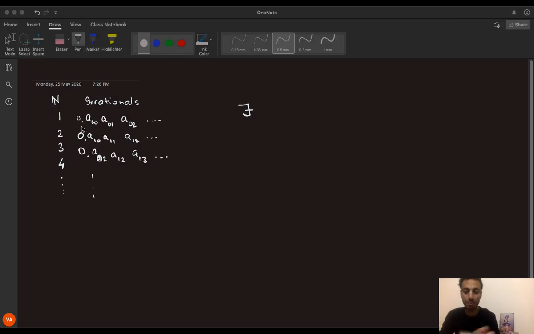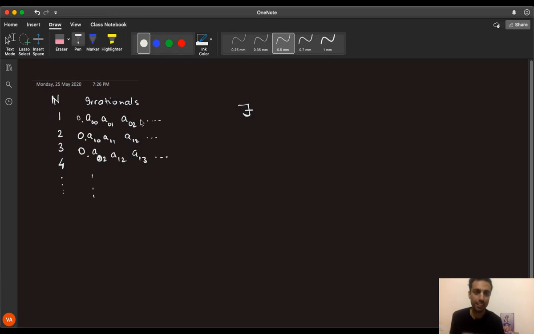I can choose my A00, A01, A02 appropriately to represent any irrational number, right? But prove that given this set, there exists an irrational number which is not there in this set.